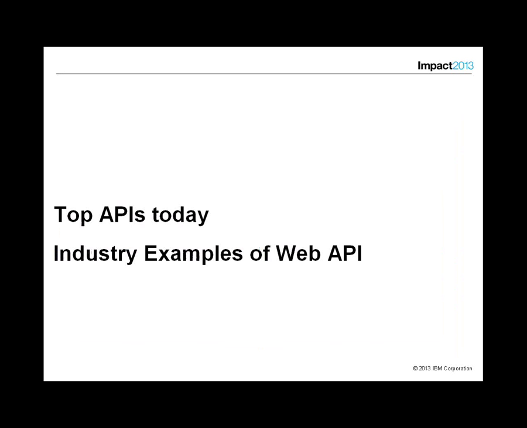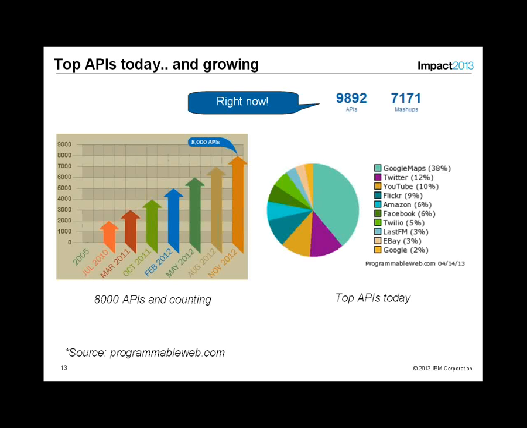All right, let's look at the top APIs today. I want to quickly run you through some of the industry examples, and I think I have the time to take you through a good example where I can actually show you how an API looks and how it's documented and other things, right? Top APIs today, and this is coming from programmableweb.com. If you haven't been on this website, I recommend you do, because it really shows you how many APIs there are and what the different kinds of APIs are.